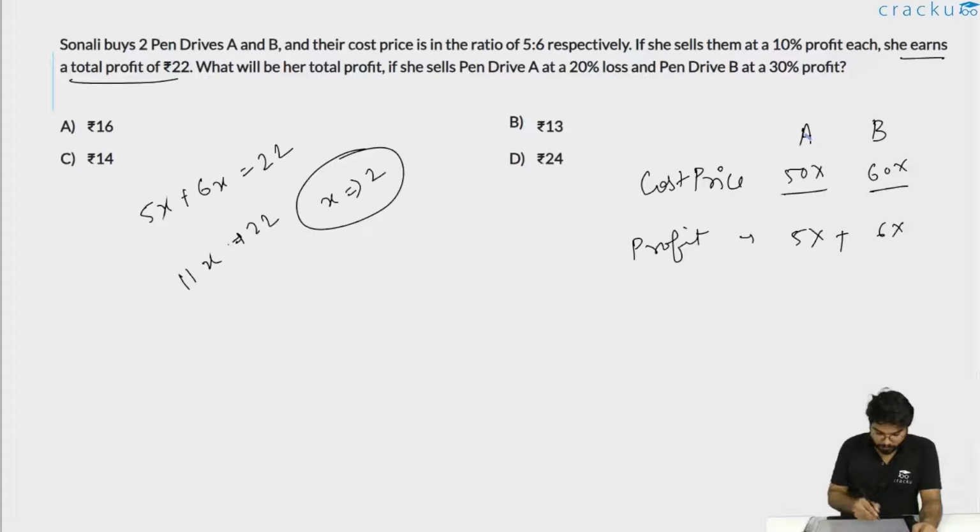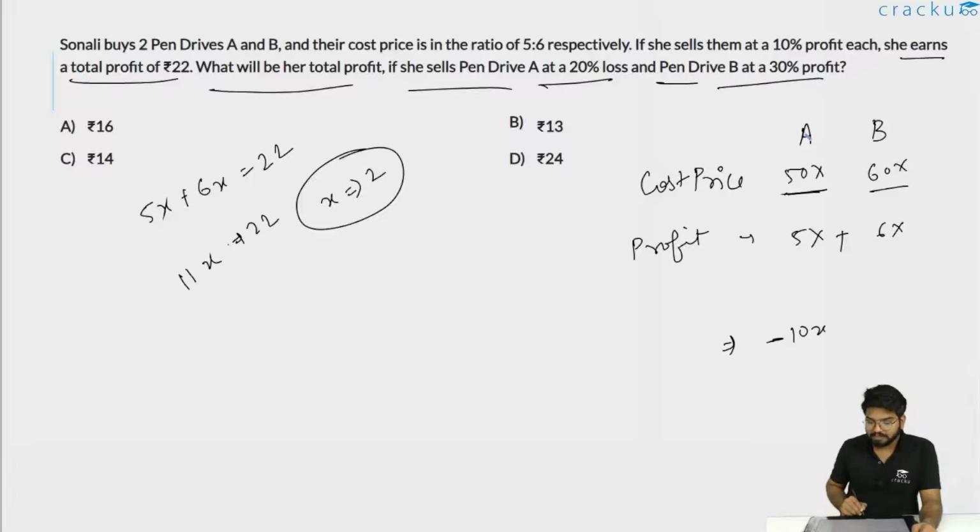Now, what will be her total profit if she sells pen drive A at a loss of 20%? It means that if she is selling pen drive A at a loss of 20%, 20% of 50x will be 10x, and it will be minus 10x because she is selling at a loss.